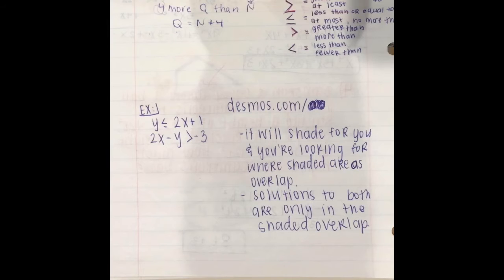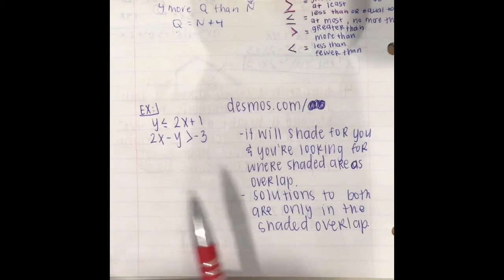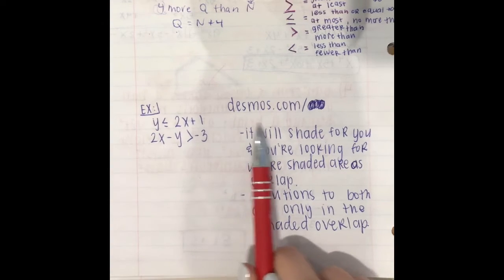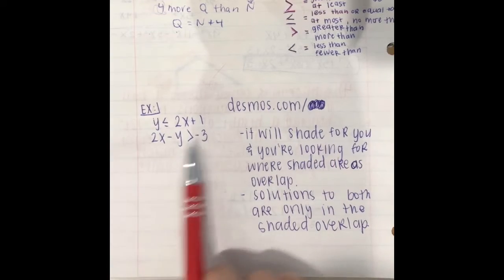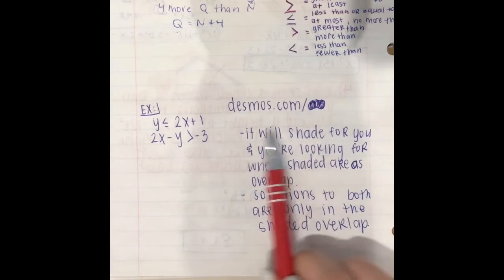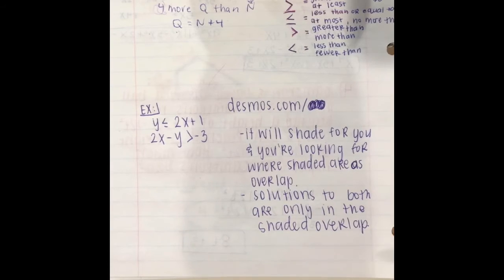When you're graphing systems of inequalities, okay, you are going to Desmos.com. If it gives you something like this, you are going to Desmos.com, okay, and you are typing these in because it will automatically shade and graph them for you. And what you're doing is you're looking for where the shaded areas overlap, okay?